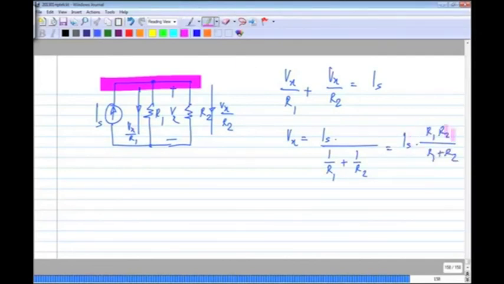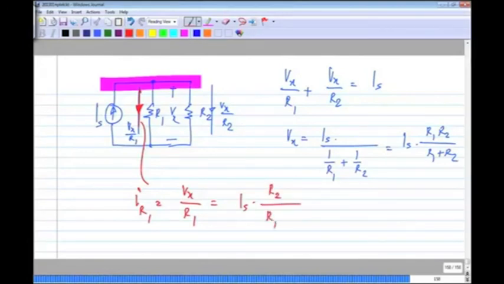I could have written down this directly by noticing that R1 and R2 are in parallel. So Is times R1 parallel R2 is the voltage Vx. Now if I look at any particular current, let's say current flowing through R1, that will be equal to Vx divided by R1. Okay, so this current IR1 is Vx divided by R1, which is equal to Is, and R1 cancels here, R2 by R1 plus R2.